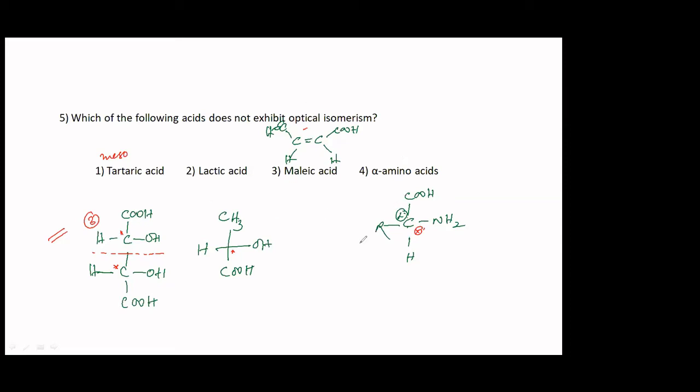Any doubt? If you have to write the optically active tartaric acid, how are you going to write? COOH, COOH, one OH that side, another OH this side, H and H. So this will have its mirror image also. Okay, this of course is optically active. Hope all of you understood this, correct?